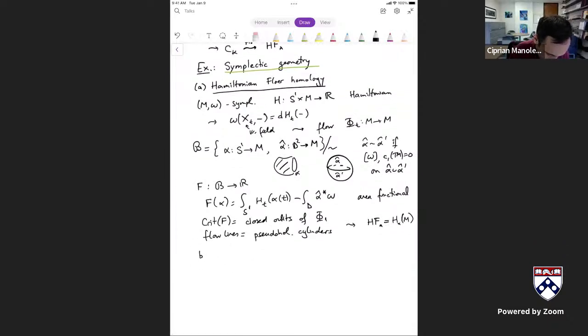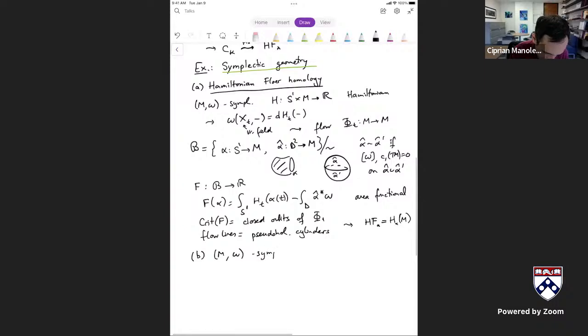Okay, there is a similar construction when you have Lagrangians. So if (M, omega) is symplectic and you have two Lagrangians, L0 and L1, so half-dimensional submanifolds where omega is 0.